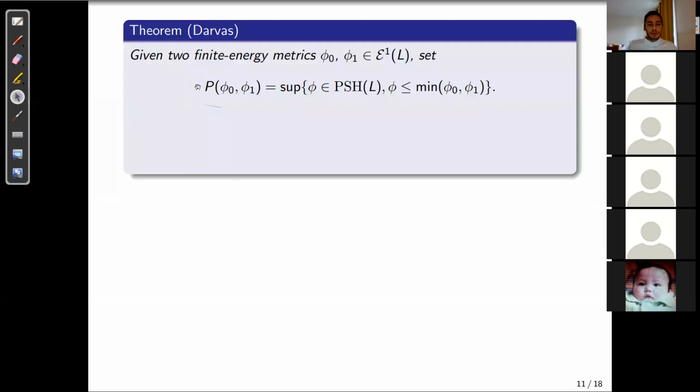So first, we're going to have to define our distance. So we take two finite energy metrics, phi0, phi1. In the complex case, to emphasize that this is the complex case.